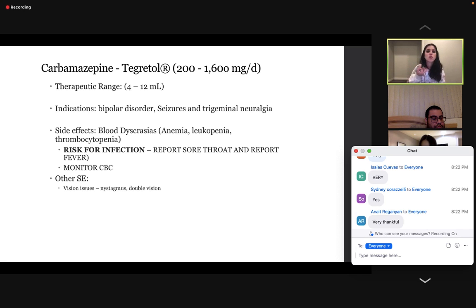That's what your patient is going to say. Oh my gosh, my throat hurts, and then you check their vitals and they have a fever. You monitor for CBCs always. And this drug is the one that gives you double vision. Nystagmus, fancy word for it.